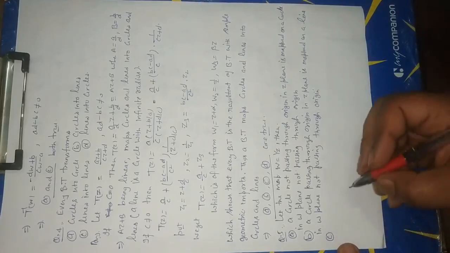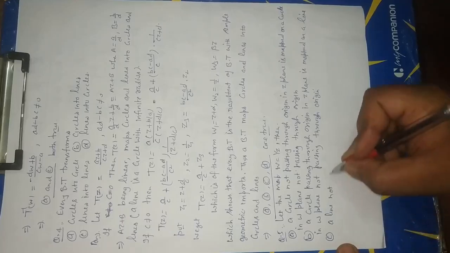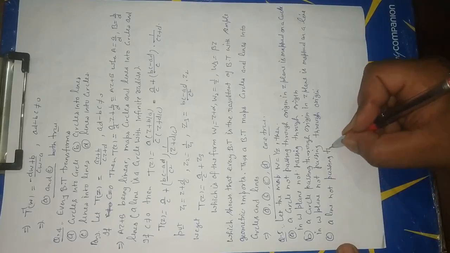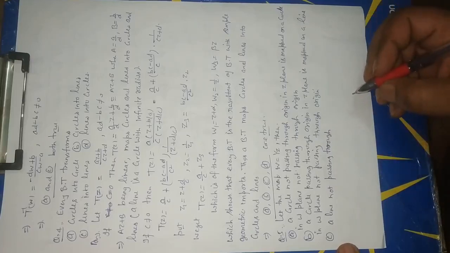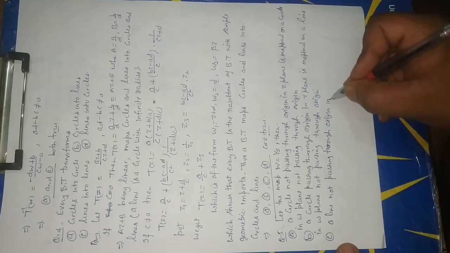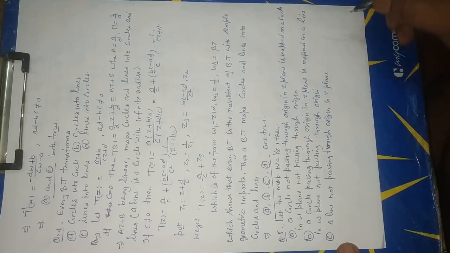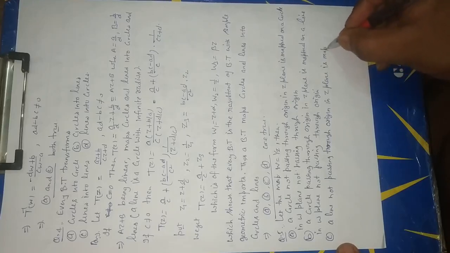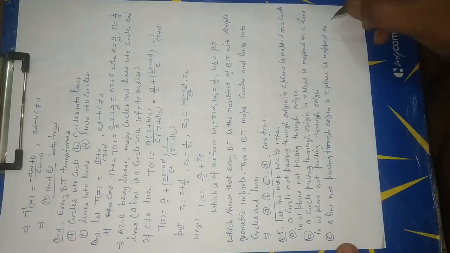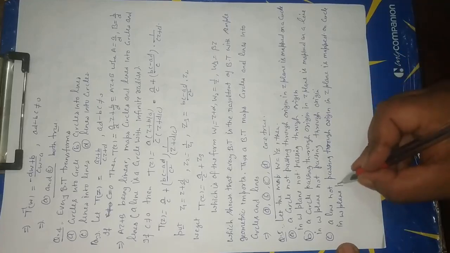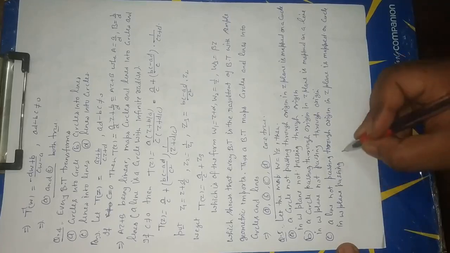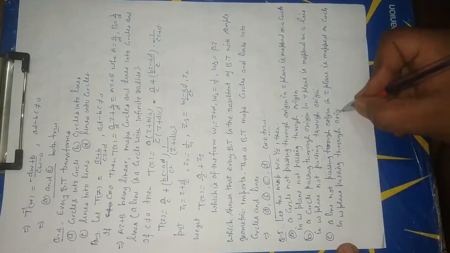Now C option, a line not passing through origin in z plane is mapped on a circle in W plane passing through origin.